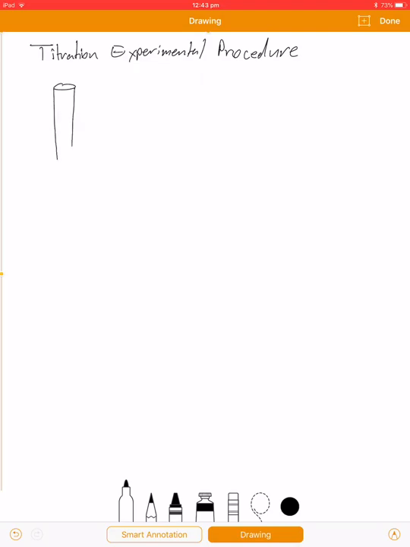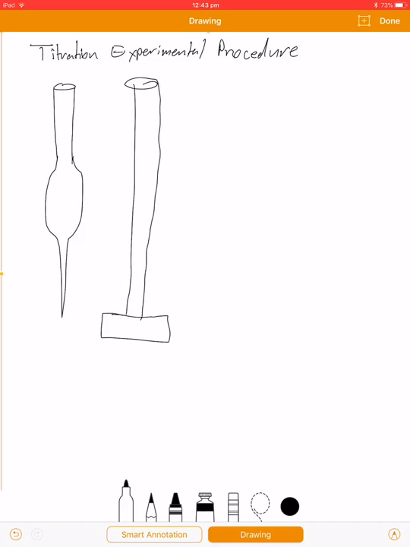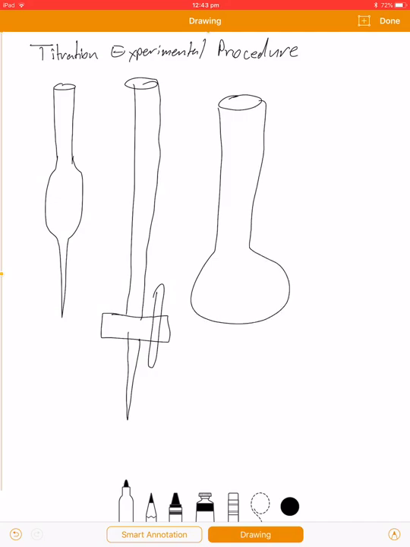So I'm just going to poorly draw a few things. So there's not the best drawings.